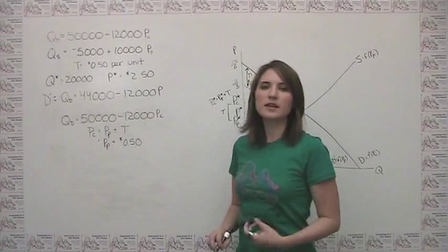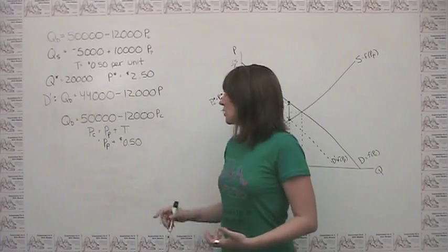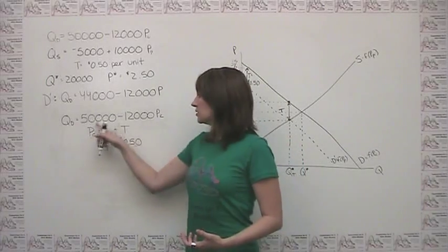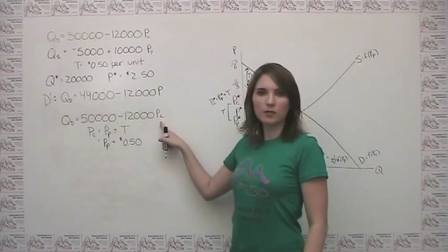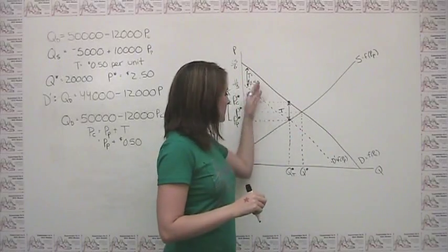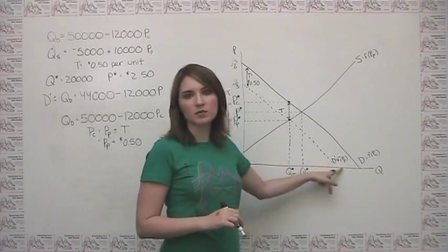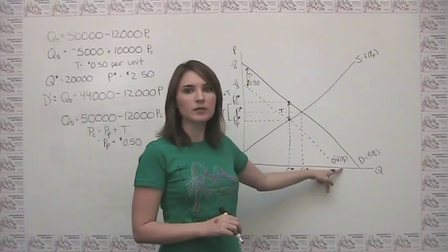To think about our second approach for creating an effective demand curve, we can remember that our original demand curve is in terms of the price that the consumer pays, and what we're really doing with this shift is putting our demand in terms of the price that the producer gets to keep.